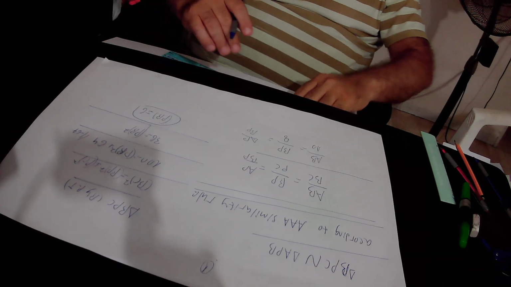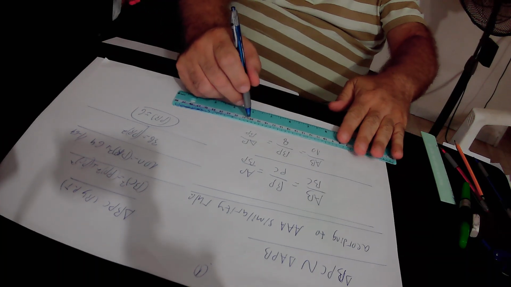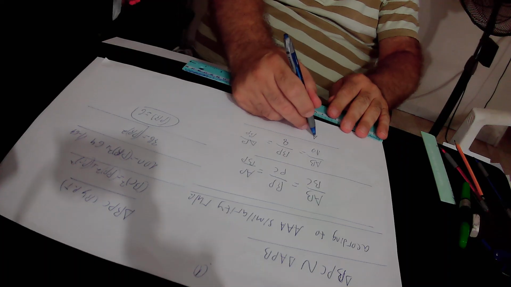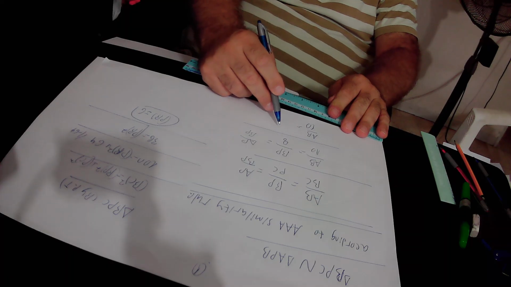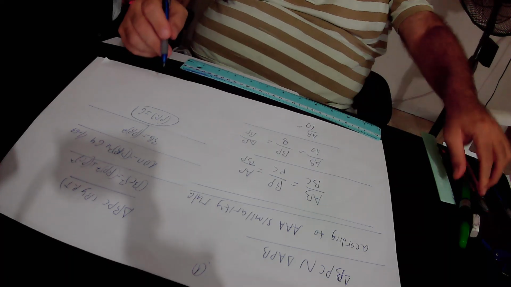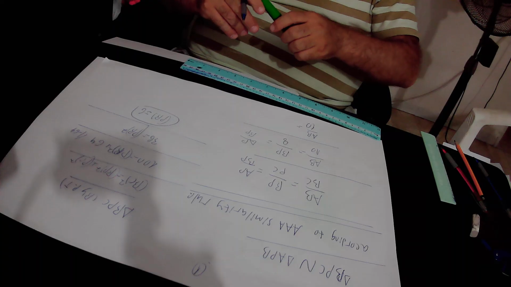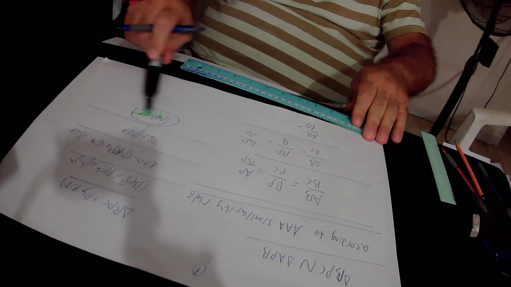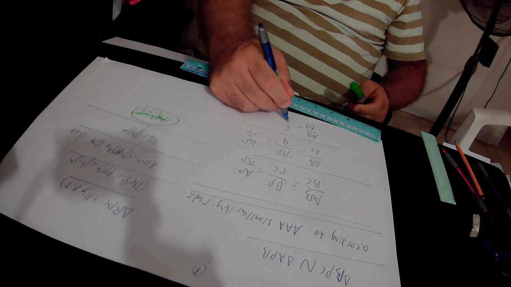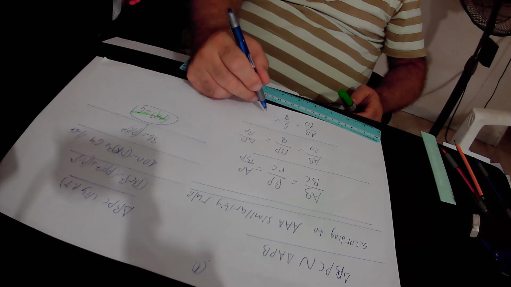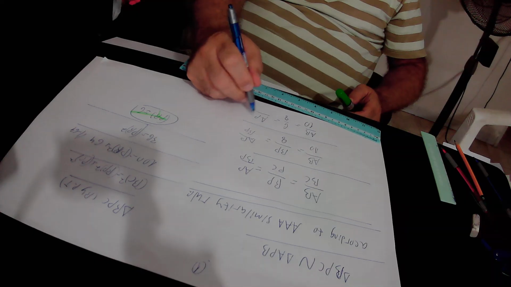So AB over 10 is equal to BP over 8. BP is 6, we just found out that BP equals 6 units in length, so it is 6 over 8. And it is also equal to AP over BP, that is 6.